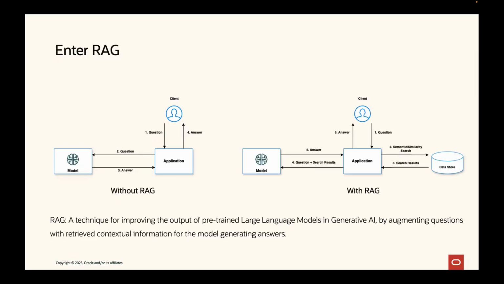So when you have RAG, or retrieval augmented generation, you ask it the question. The second thing it does is a semantic similarity search on a vector store. That's the data store over here that will have information about, let's say, your corporate documents or anything that you wanted to augment the LLM with.